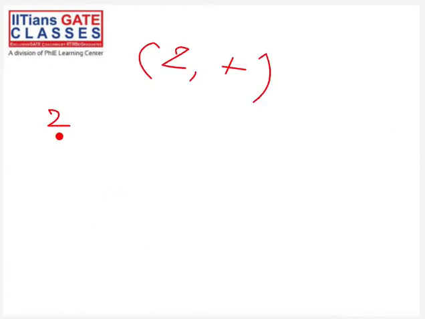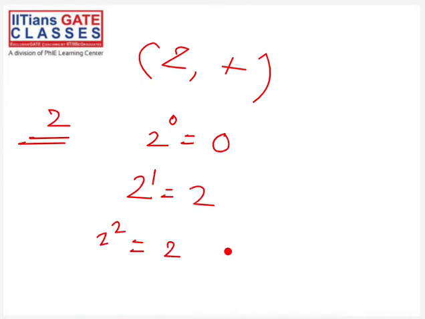You can check that 2 is not a generator, because 2 can generate all the even numbers, but it cannot generate odd numbers. For example, 2 power 0 is the identity element, which is 0. 2 power 1 is 2. 2 power 2 is 2 plus 2, that is 4.